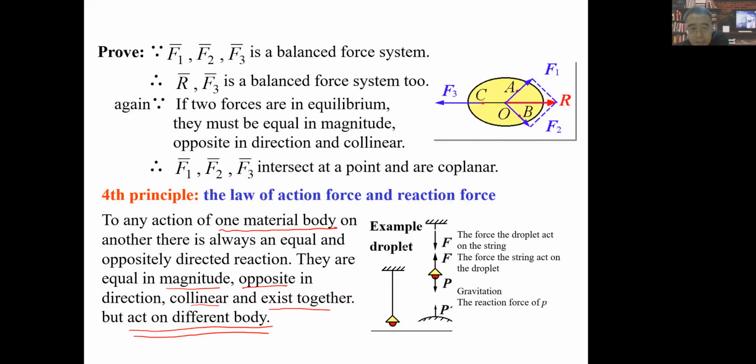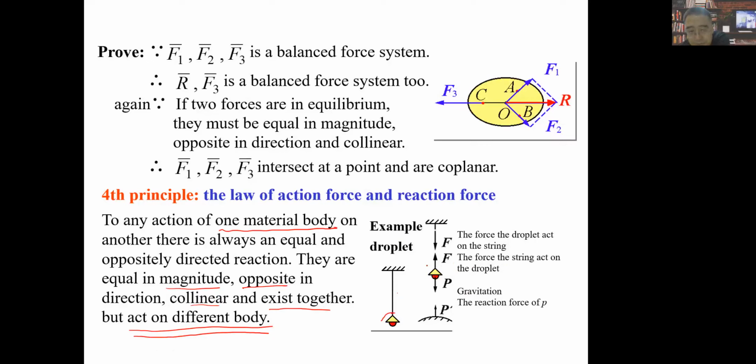So we can see this example, maybe this is a very thin slide. Right here we have a lamp. If we know it's in the state of equilibrium, then we can do the force analysis. First, when we select this lamp as the object to analyze its force, we can see the force the string acts on it, and this is the gravitational force.